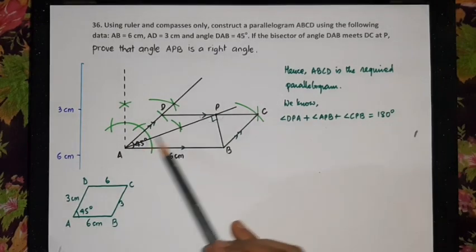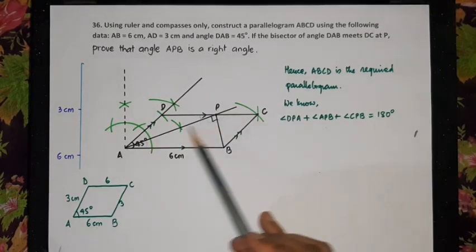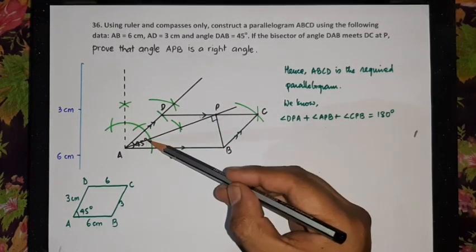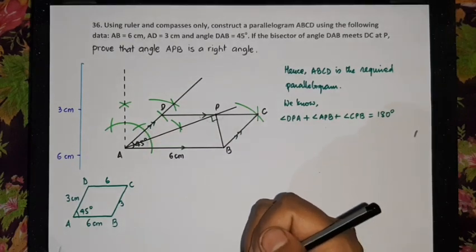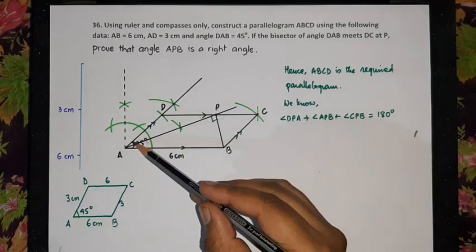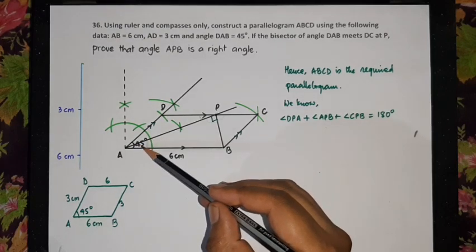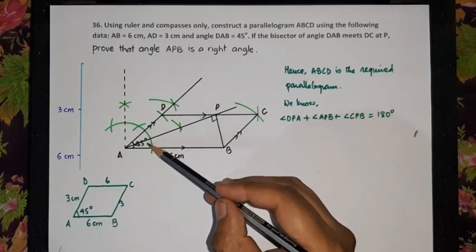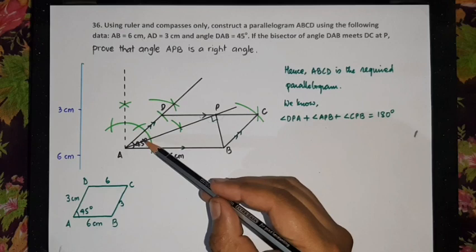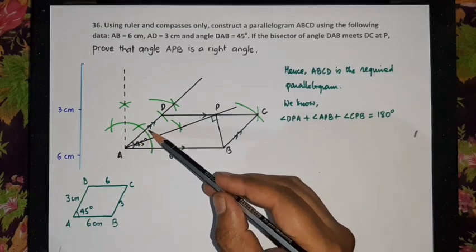Also since AP is the bisector, this angle and this angle will be equal to each other, right? Since this full angle is 45 degrees, both of them will be equal to 22 and a half, because half of 45 is 22 and a half.